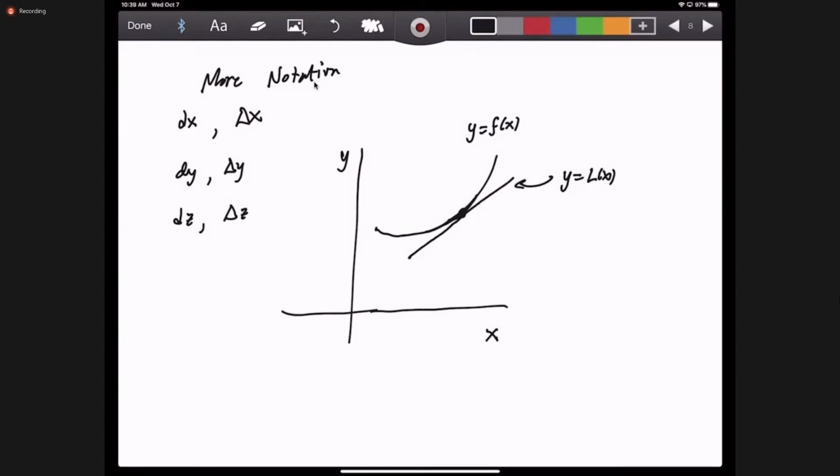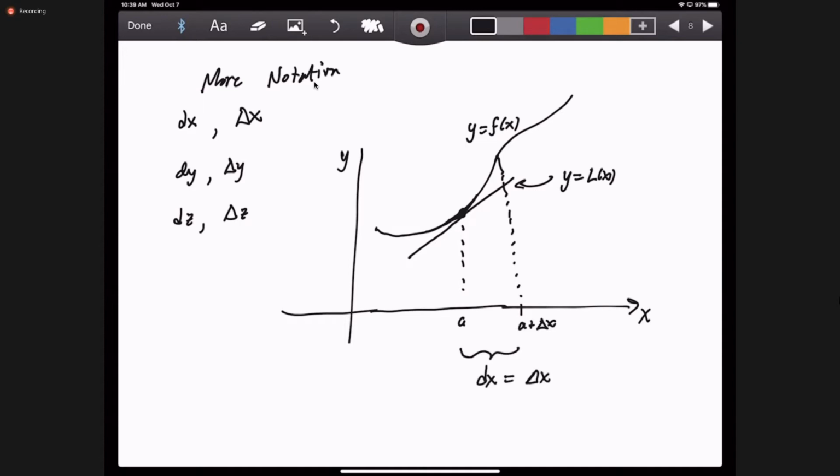So what we can do is think about this dx, which is just going to be the difference from our working x value to our base point x equals a. Okay, those are just identified with each other.